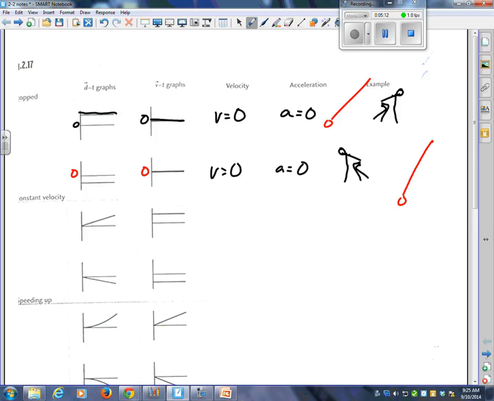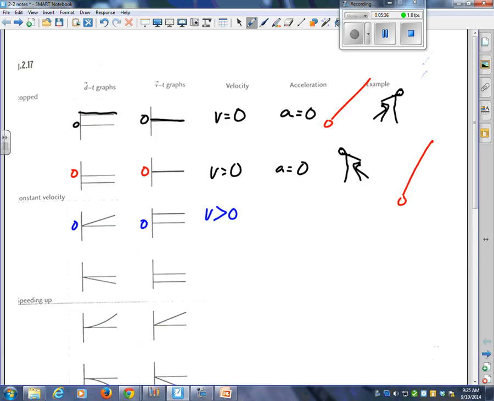Okay, the next set is constant velocity. So the person is running with a constant velocity, and our DT graph starts at 0 and goes up in a straight line, which means the velocity graph is a flat line. My velocity is constant, and my velocity is greater than 0. They show that like this.